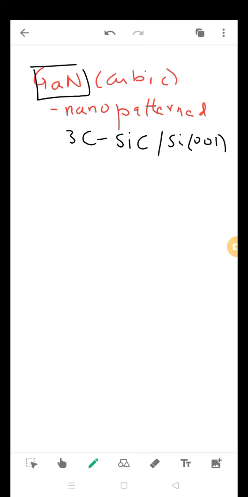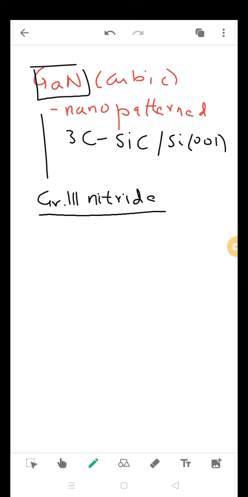It actually is a group 3 nitride. Other group 3 nitrides apart from gallium nitride can be aluminum nitride and indium nitride.